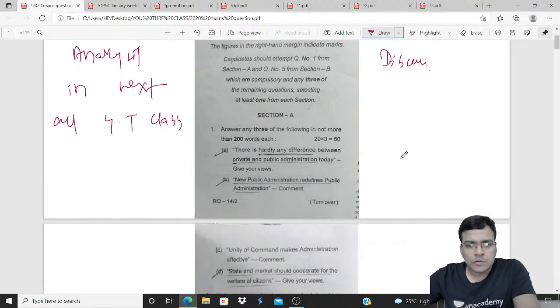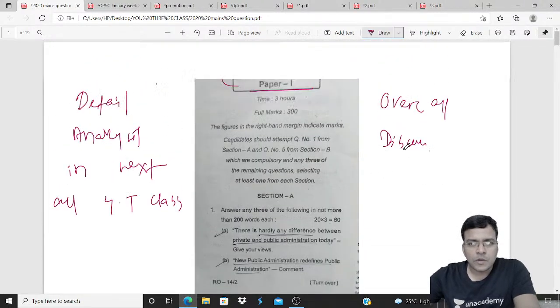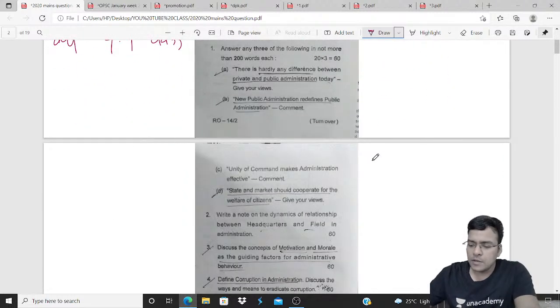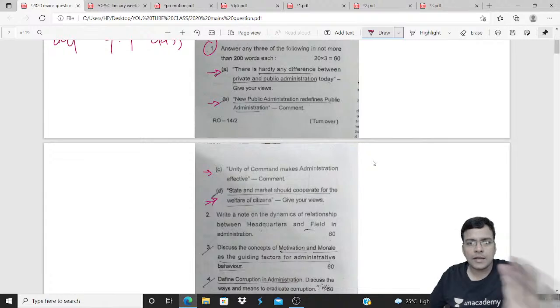So have a look. This is section A. You have to compulsorily write question number 1 and 5, one from section B and one from section A, and any 3 long questions, at least 1 from each section. So a minimum of 1 long question you have to write from any section, either section A or section B. In question number 1, you have 4 short questions, and you can write any 3.